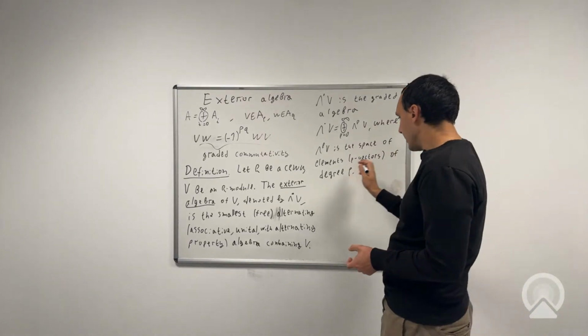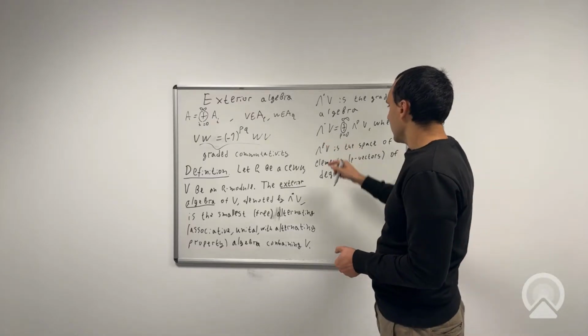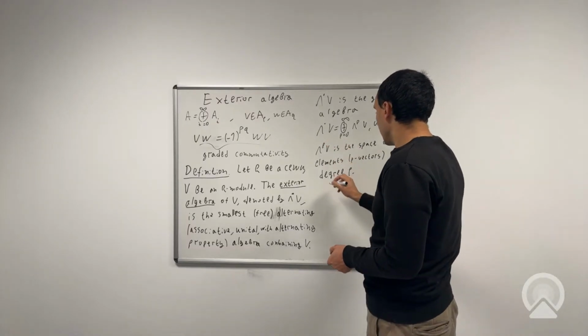So the multiplication operator is denoted by the wedge symbol.